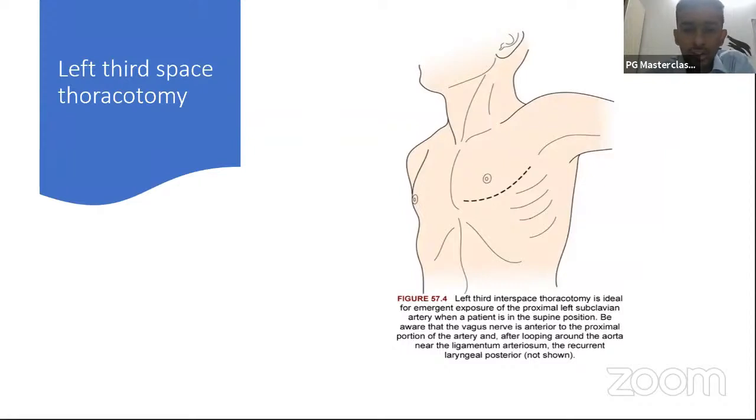So the neurovascular structures here are complicated and are generally reserved for the thoracic surgeon in today's practice. But it is important that we know where to approach the vessel from. In this case, it would be a left third space thoracotomy rather than a supraclavicular approach.